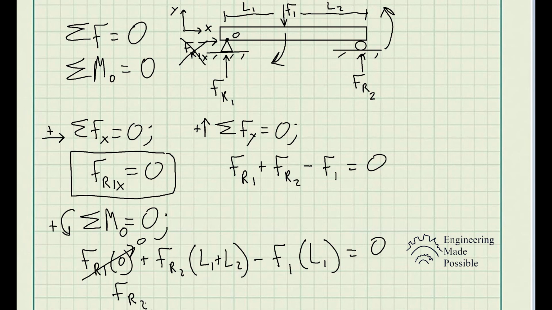So once you basically just move some stuff around, you have FR1 is equal to F1 moved to the other side, take away FR2. And this essentially is what you saw for the reactionary forces FR1 and FR2.